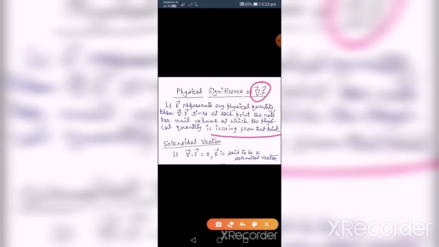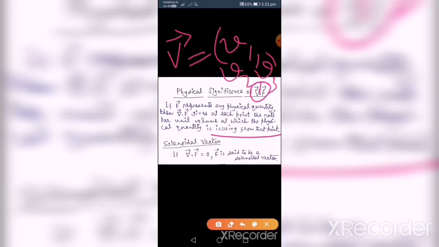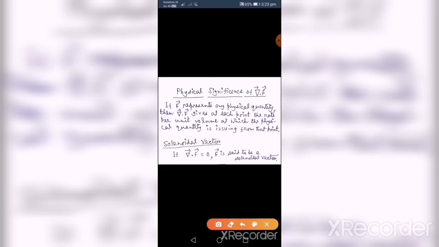Or in particular, if v equal to v1 i plus v2 j plus v3 k is a vector point function representing the instantaneous velocity of a moving fluid particle at (x,y,z), then del dot v, the divergence of v, represents the rate of loss of fluid per unit volume at that point.